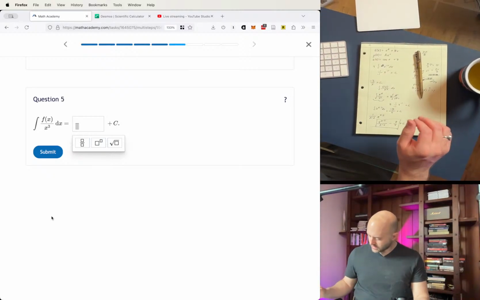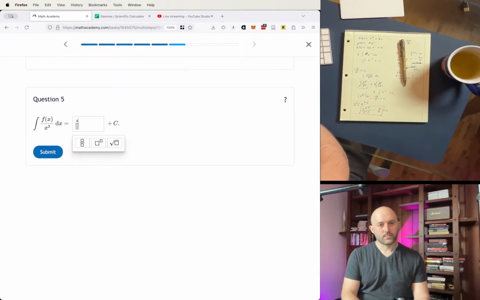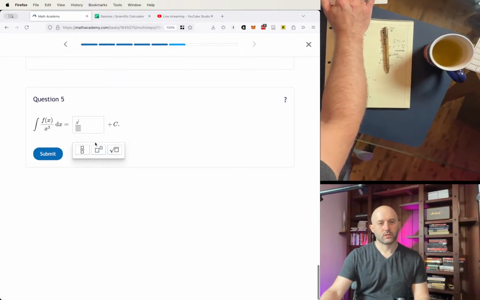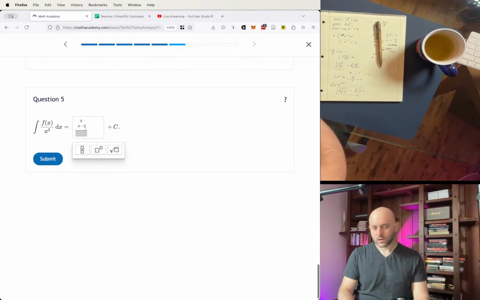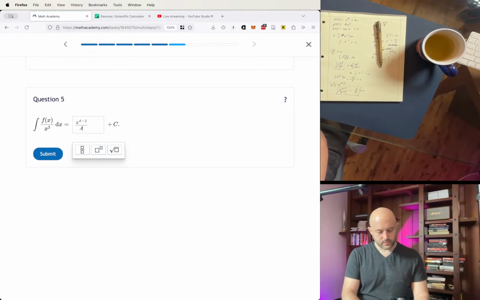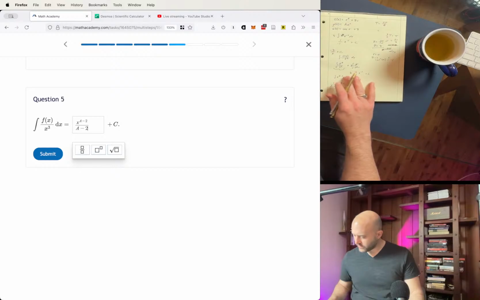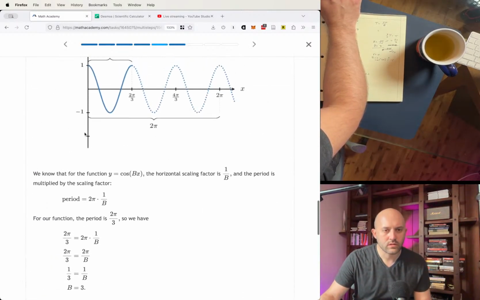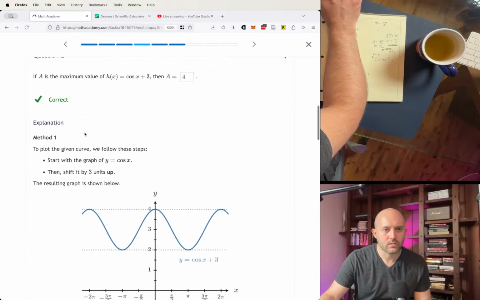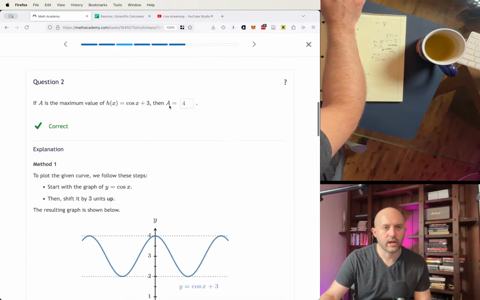Let's do it. x to the a minus 2 over a minus 2. Wait, have I solved for a yet? Have we actually figured out what a is? Oh, then a equals 4.